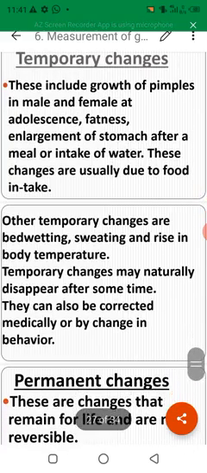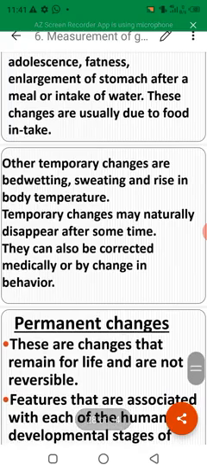Other temporary changes are bedwetting, sweating, and rise in body temperature. Temporary changes may naturally disappear after some time. Pimples will disappear, sweating will disappear, restlessness will disappear. All those will disappear with time, and they can be corrected medically or by change in behavior.